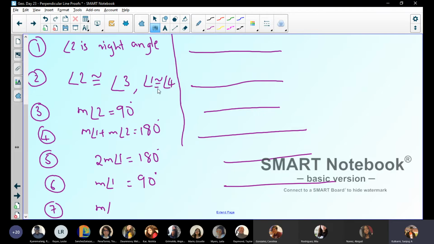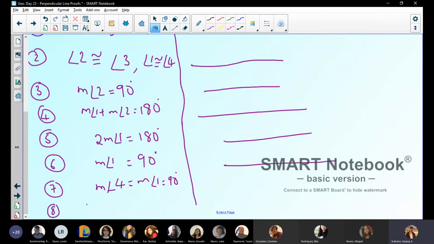Okay, same result will work for here as well. Actually, I could have copied 7 and 8, but it's the same reason that you'll need.